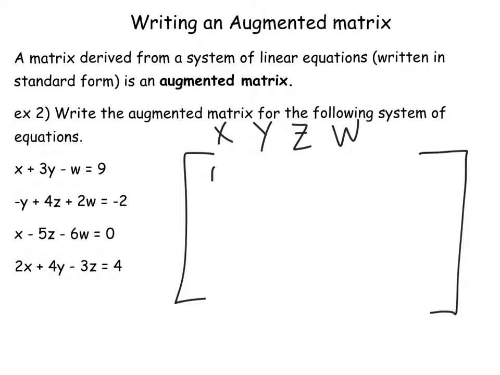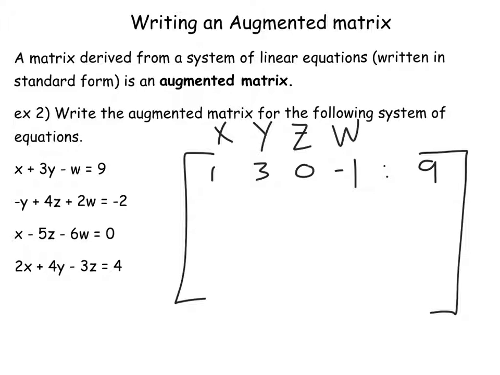So right there I put a 1. The coefficient for y is 3. It doesn't have a z, which means that it would be 0. And for w, it's a -1. You don't have to have those dots there, but I like them as a reminder of where the equal sign would be. And then the constant on the other side is 9. So that first row represents that first equation.